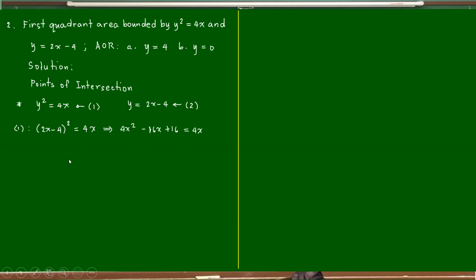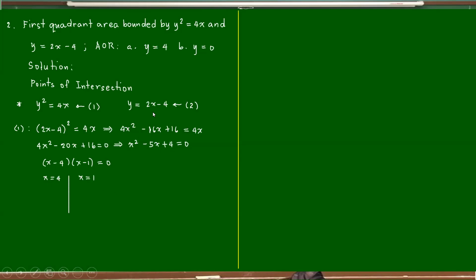Then that is equal to 4x. Simplifying, 4x squared minus 20x plus 16. So dividing by 4, we get x squared minus 5x plus 4 equal to 0. So factoring the left side, we get x minus 4, x minus 1 equal to 0. So then x equals 4, one of the roots, the other root is x equals 1.